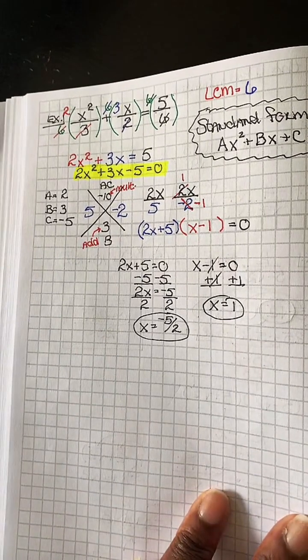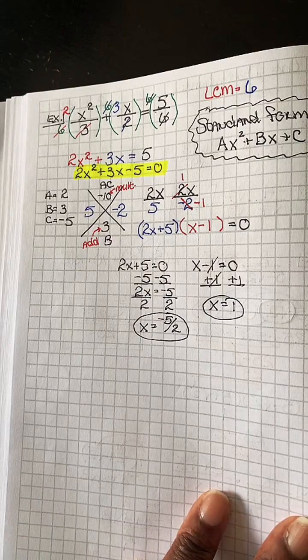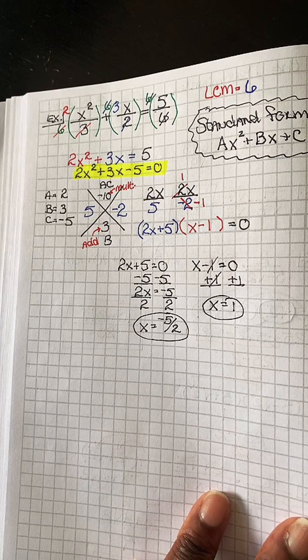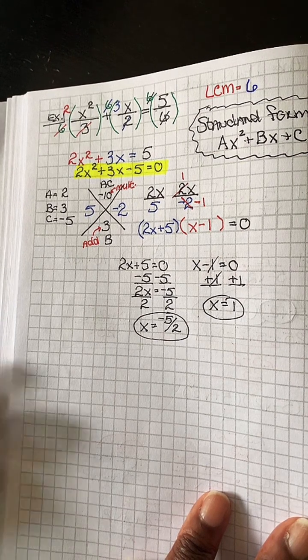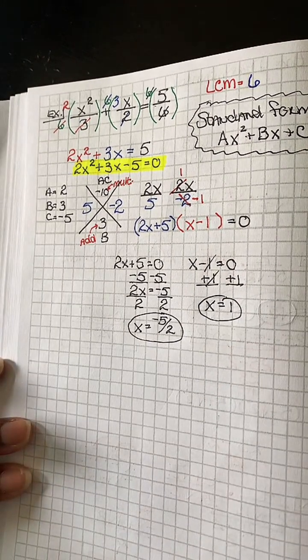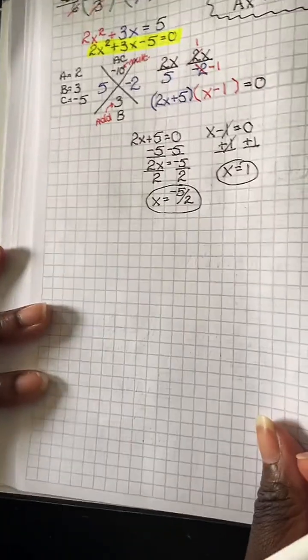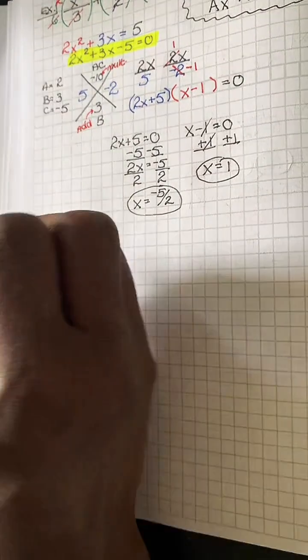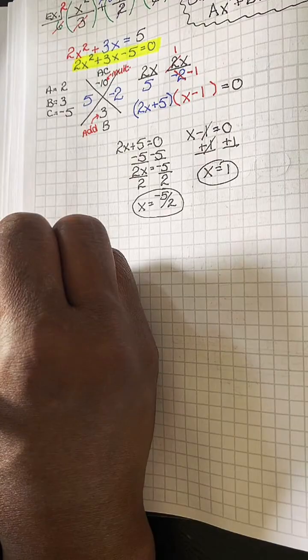So let me see if I can do another one. Okay, we can try this one. Just going to see if I can try one with a variable, but I'm not sure if we're there yet.